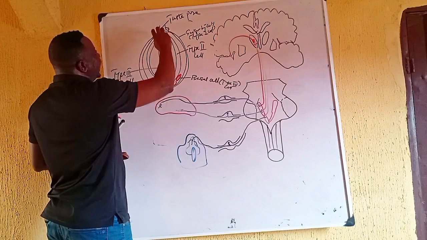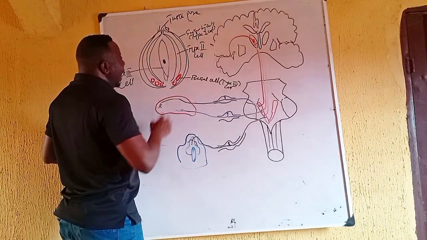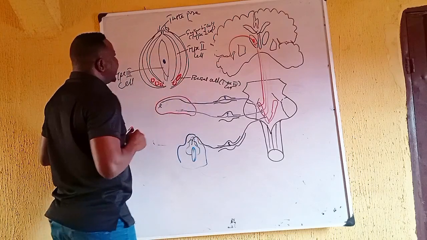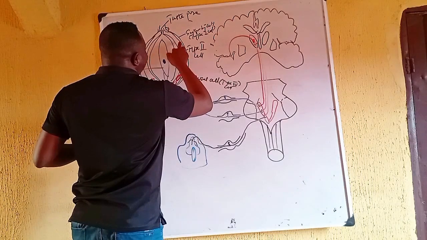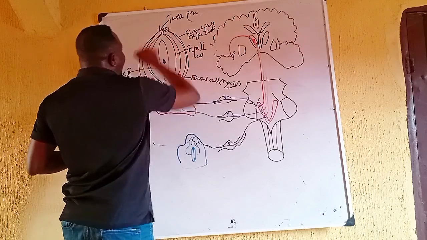The taste pore is an epithelial covering that is located beneath the mucosa. Now, the only cells that do not have cilia are the basal cells. But the type 1 cells, the type 2 cells, and the type 3 cells have cilia that open into the taste pore.